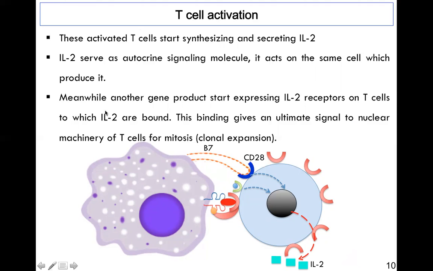That step is the T cell signal, like B7 coming from the phagocytes, or what we call APC cells, and they activate the T cells. Another is the direct secretion of cytokines. In that case, it was IL-2, and the binding of IL-2 to the interleukin 2 receptor gives the ultimate signal for clonal expansion.